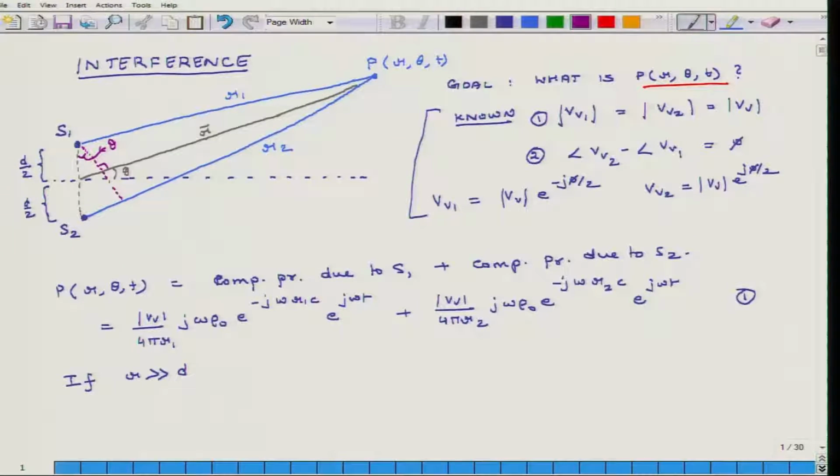In such a case, if R is extremely large compared to D, then R1 is equal to R minus D over 2 sin theta, and R2 is equal to R plus D over 2 sin theta.